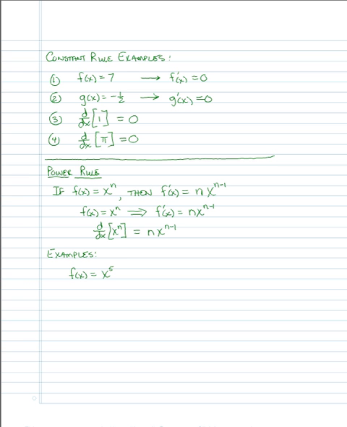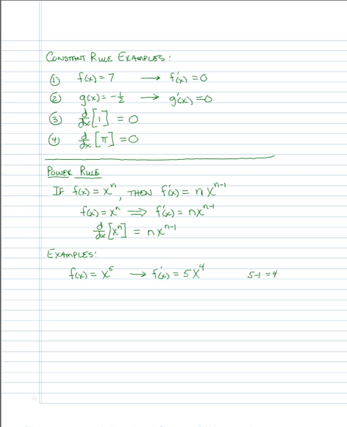Then f prime of x is going to be, what do we do? We take the original exponent and write it down, and then we have x to a new power that is 1 less than the original exponent. Well, 1 less than 5, of course, is 4, so the new exponent's 4. Wow, that's easy.